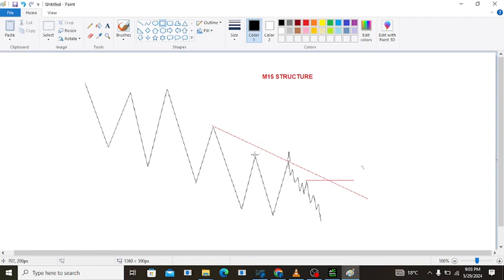It's much better. We don't even need inducement, but we can take it. Let's say it did a sweep or not. This will be our point of interest. It will be much better.